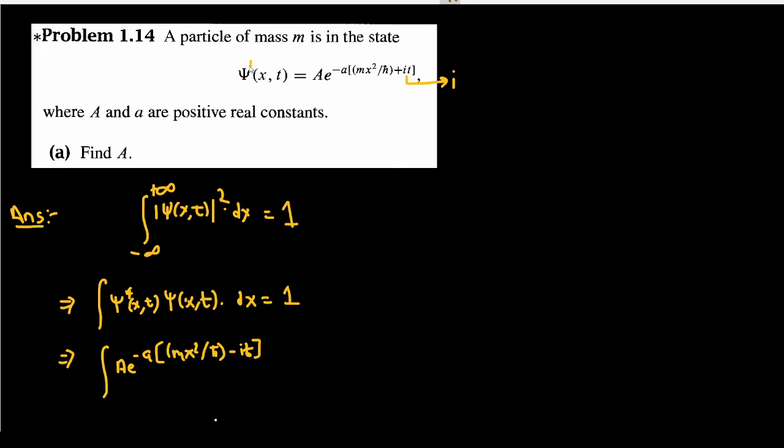So the complex conjugate of this expression gives the negative, multiplied again by A e to the power of minus a m x squared divided by h cut, h bar, whatever you say, plus iota t, dx is equal to 1. This is what our expression looks like.